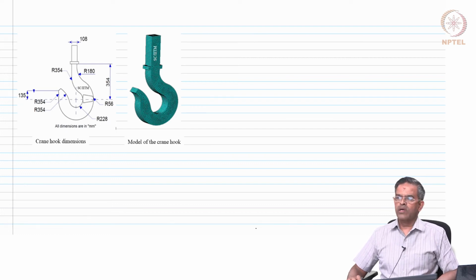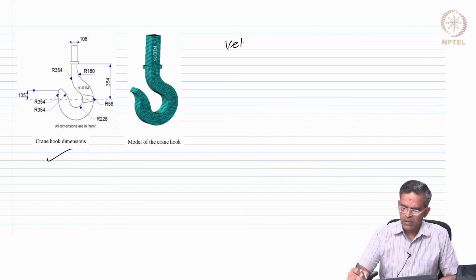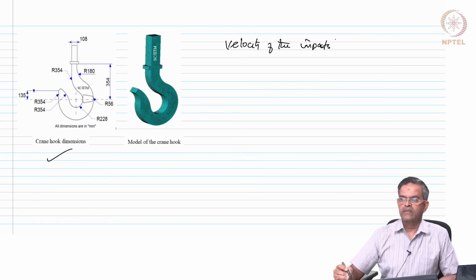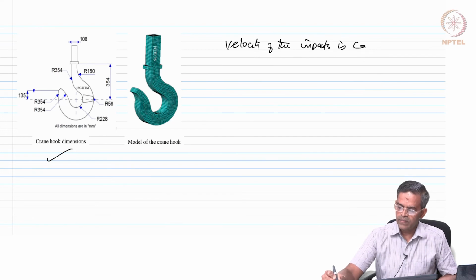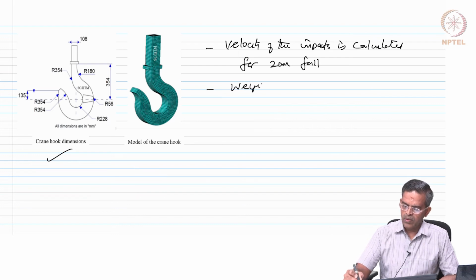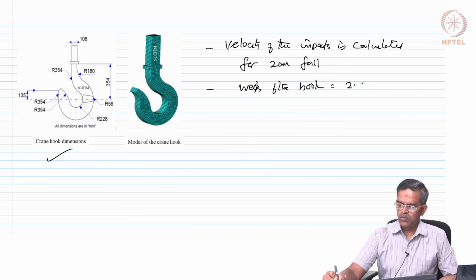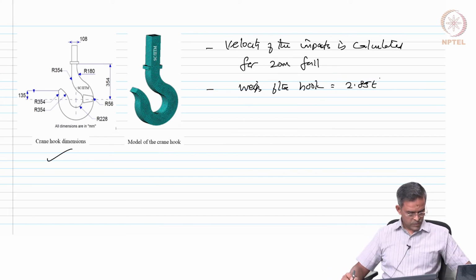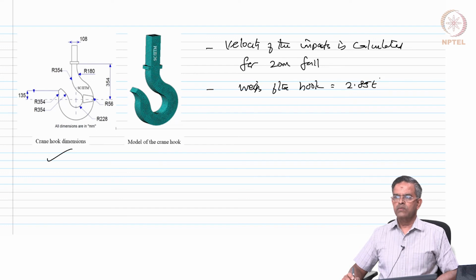The model of the crane hook is shown on the screen, whose dimensions are given here. The velocity of the impactor considered in the analysis is calculated for a 20-meter fall, and the weight of the hook is taken as 2.85 tons, which is applied at the CG of this hook.